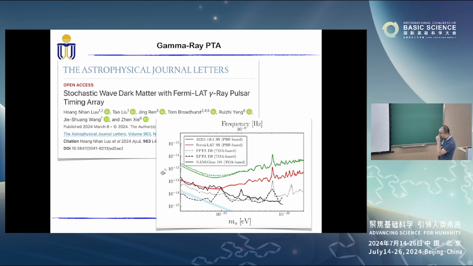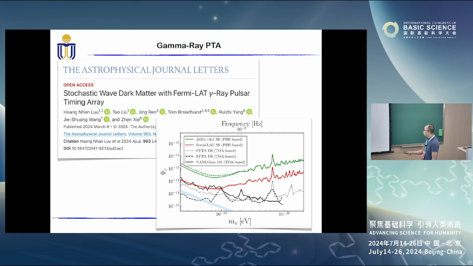Following this effort with my student, we also applied the high frequency pulsar timing array for the detection of the ultralight wave dark matter. This panel shows the constraints that we have obtained.